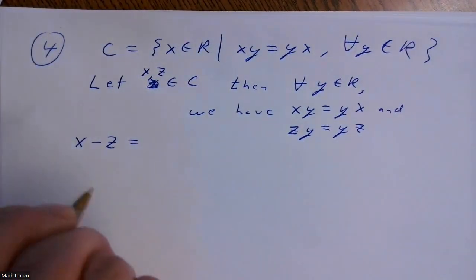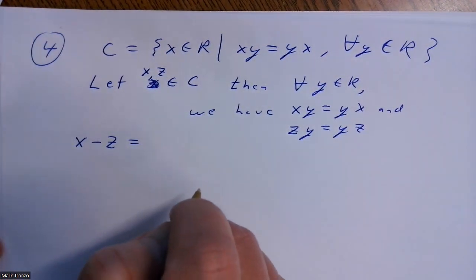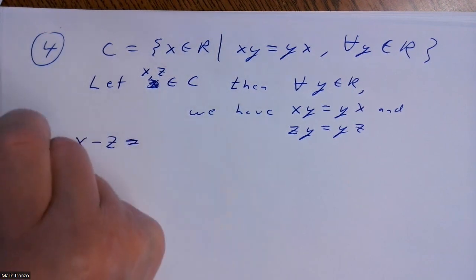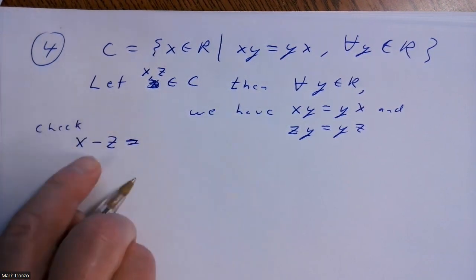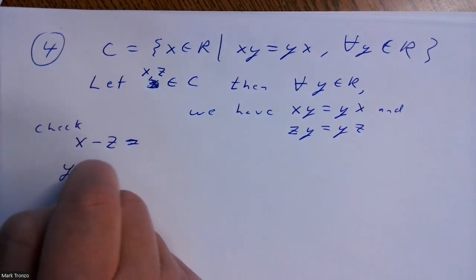And so what is that going to be? X minus Z. Then what we want to do, so let me say it this way, let's check X minus Z. You want to see if that's in there. And so let's test it. Let's see if it commutes.